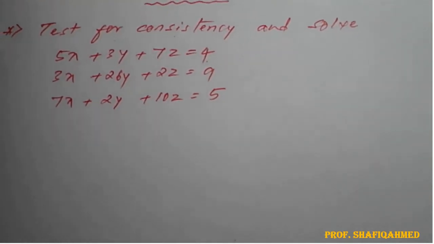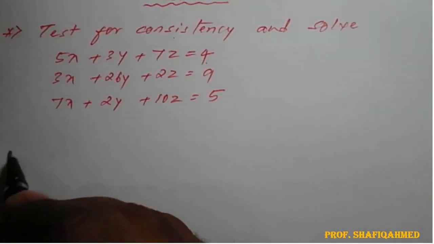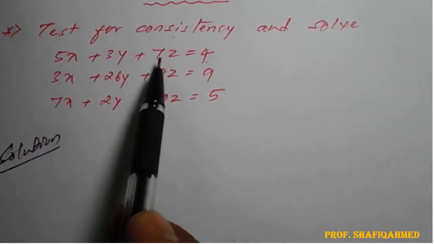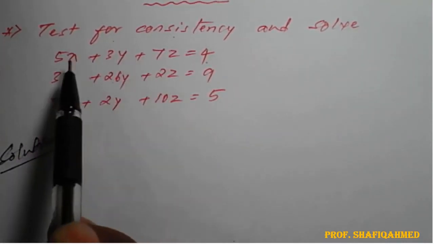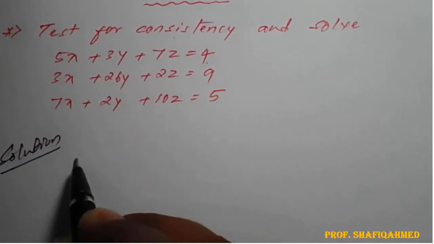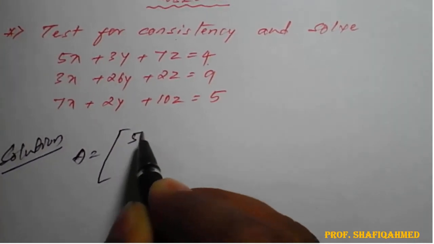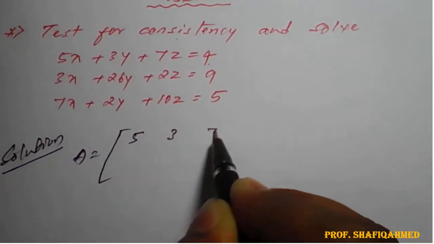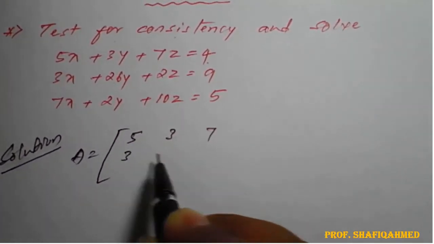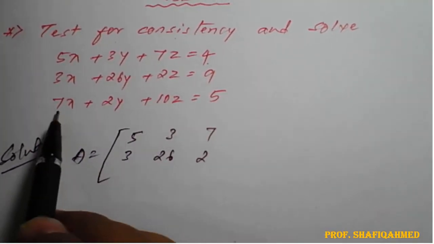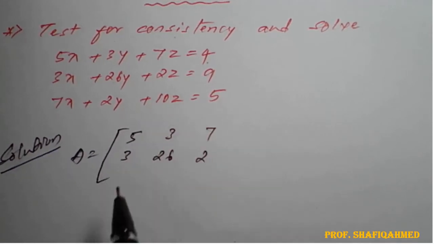Now, given the system of equations, we know the matrix A from this. So matrix A from the above I will take directly. The matrix A is 5, 3, 7. Second row is 3, 26, 2, and third row is 7, 2, 10.